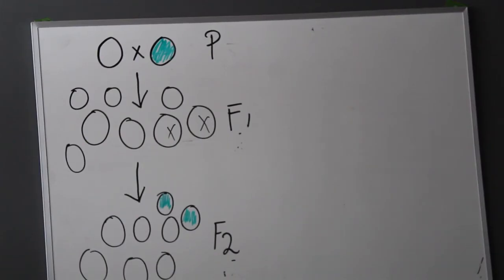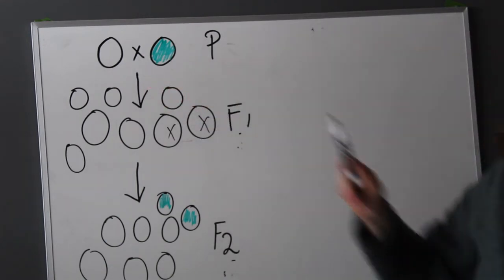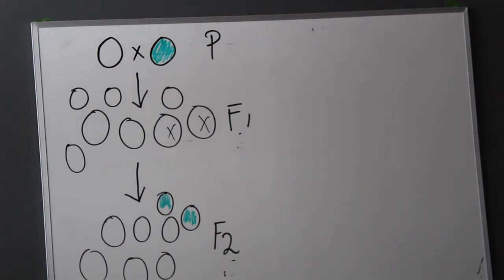Okay, so let's go back to the crosses that Mendel made and try to sort these out in terms of genotypes. So, this one being yellow, and Mendel chose that yellow plant because it came from a line of yellow plants. There'd never been anything but yellow pea seeds in that line, and so we would call it pure breed or pure breeding.